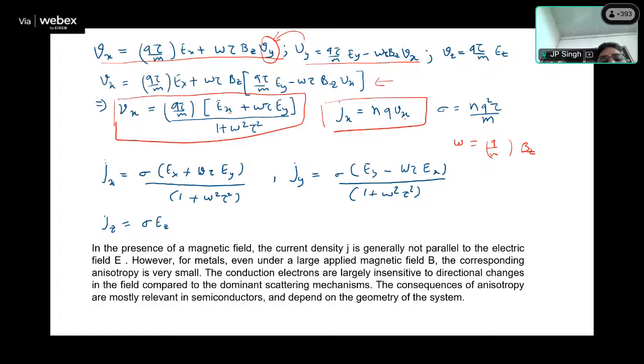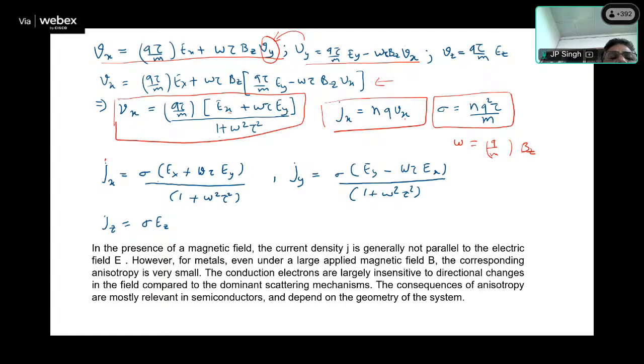So if I have a solid in which charged particles are moving under the electromagnetic field, the current density will be simply sigma times, and I can just rearrange, because I have defined sigma as nq square tau by m.